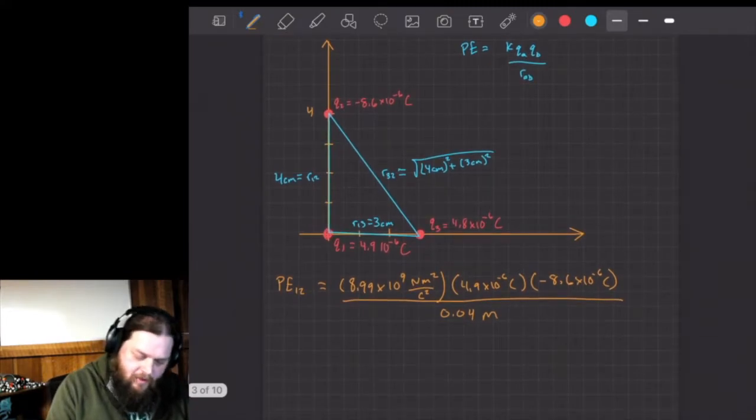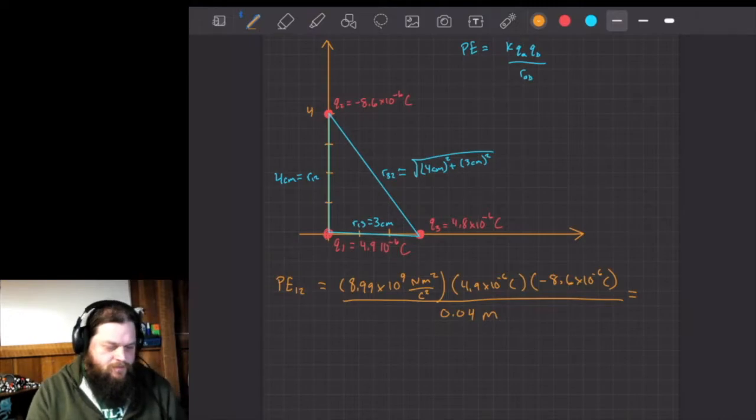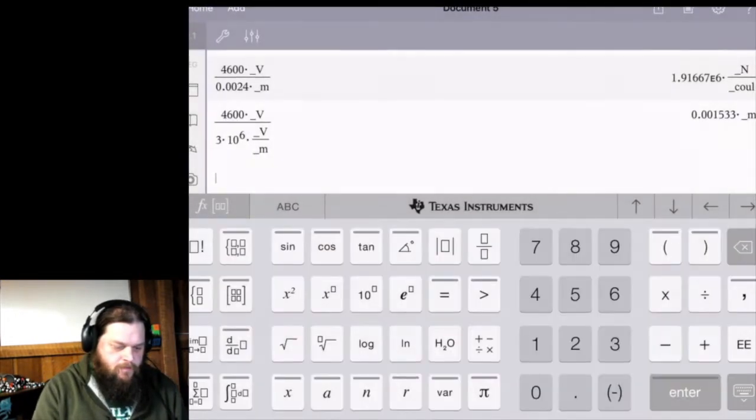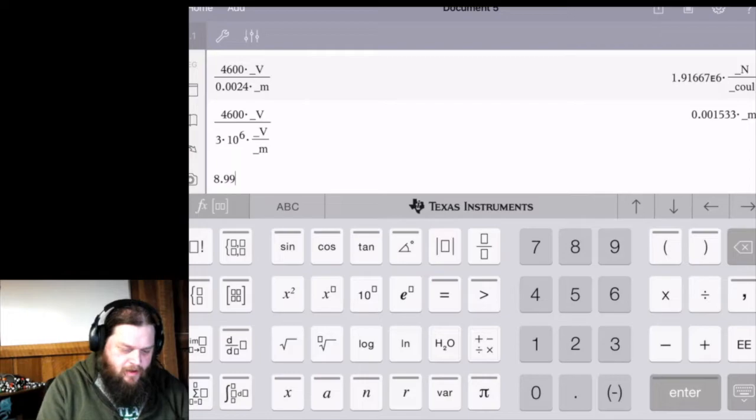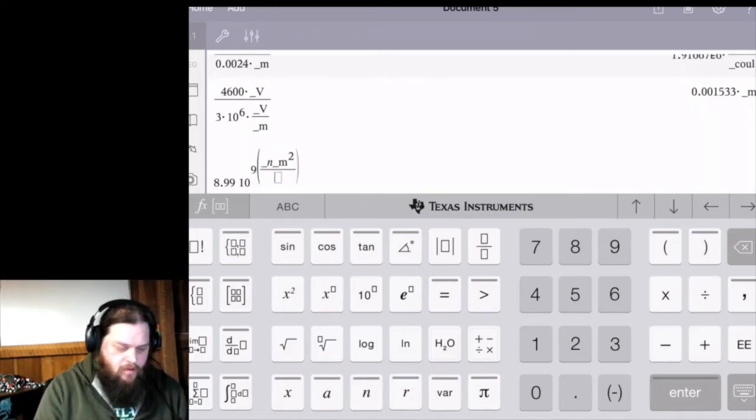So we can do something similar. We can calculate that one first. So that's 8.99 times 10 to the 9th power newtons meters squared per coulomb squared.